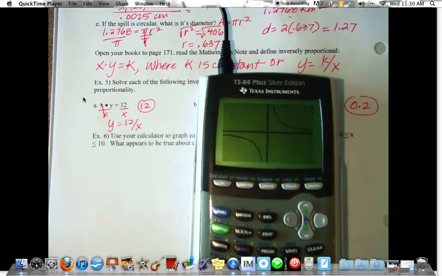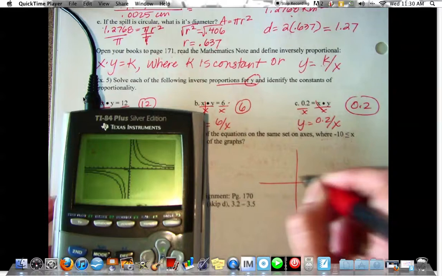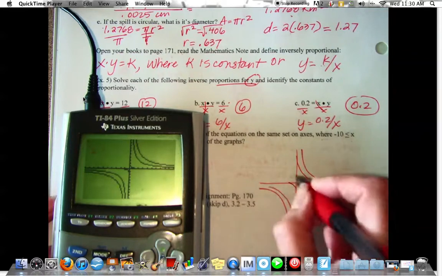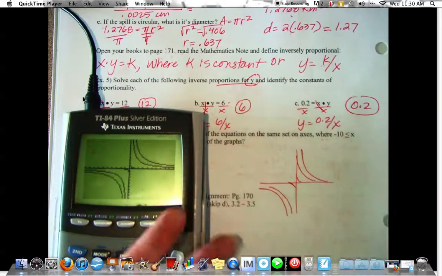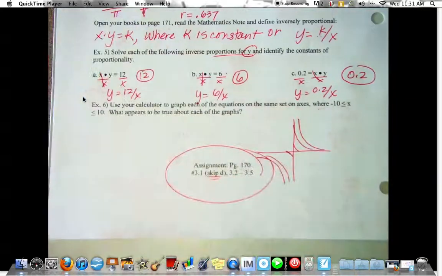Here's the first equation, second equation, and the third there in the corner. So you have graphs that look like that. Your assignment is in your textbook, skip D. Make sure you show all of your work.